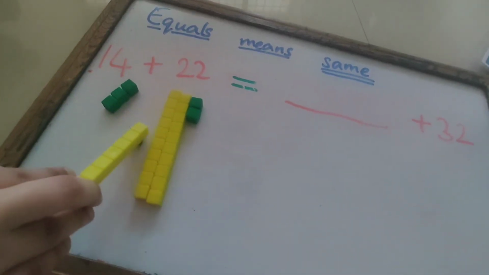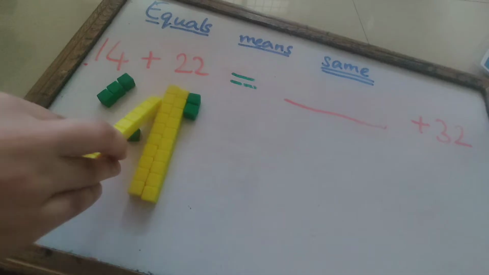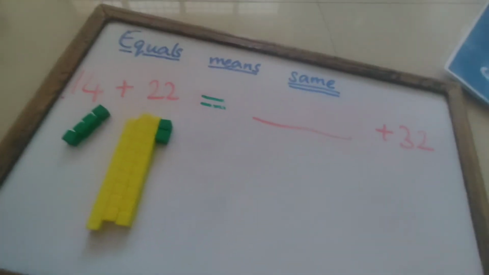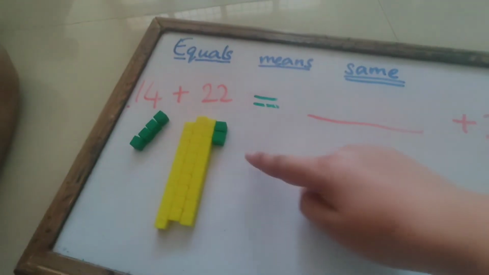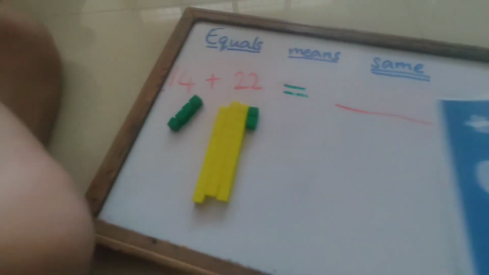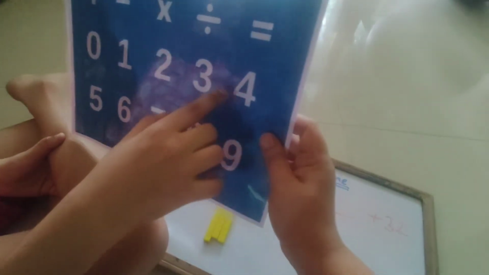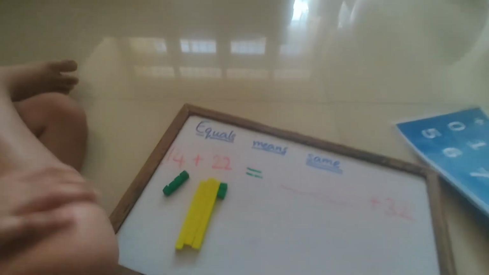You take that 10 and move it there. Okay. So what do you have now? Something plus 32. How much do you have here? 4. 4 plus 32.